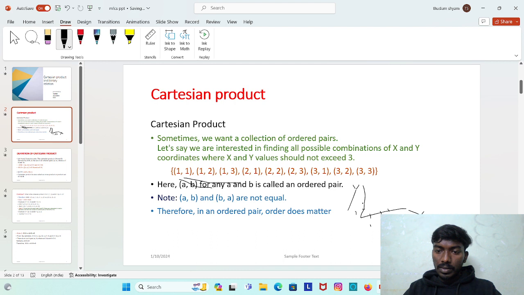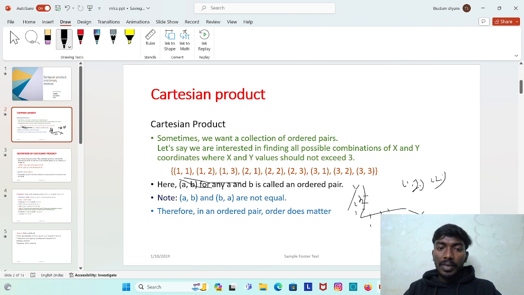Here we are considering ordered pairs like (1, 2) and (2, 1), whose values do not exceed 3.